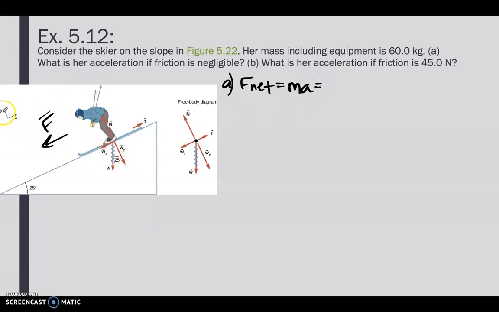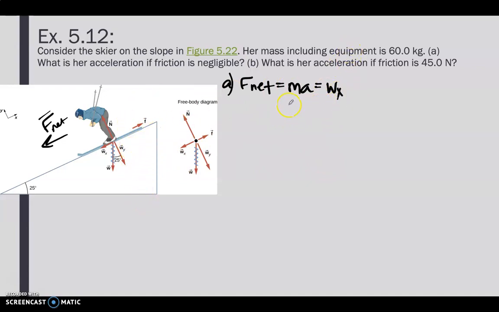So since we have our coordinates set up in such a way, we can just look at our x direction here. Okay, so our F net equals ma equals Wx. Okay, and our friction is negligible, so we don't need to worry about that part yet.